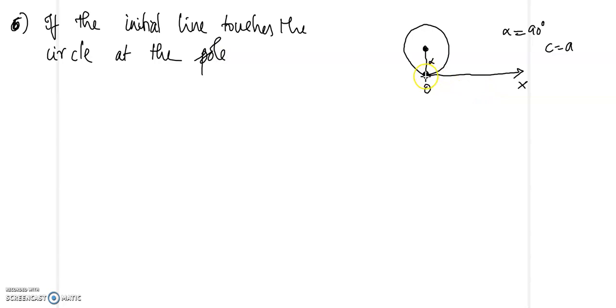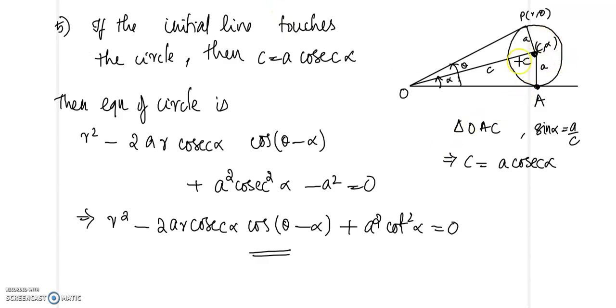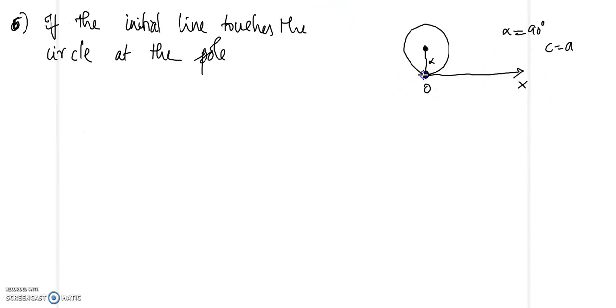So that's shown in the figure. So the circle is, in the previous case, touching the initial line at a point A. Now here we have the case where the point A is the same as the point O. So here the circle is touching the initial line at the pole.